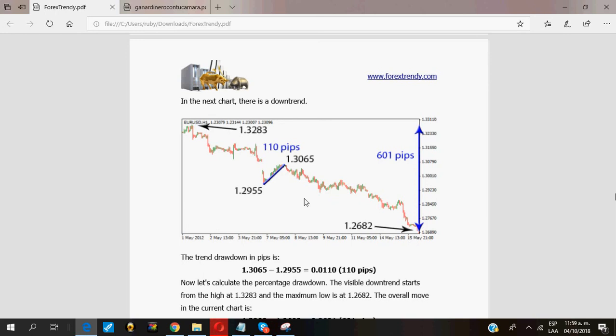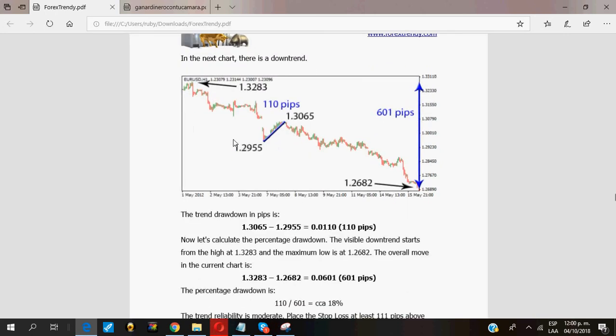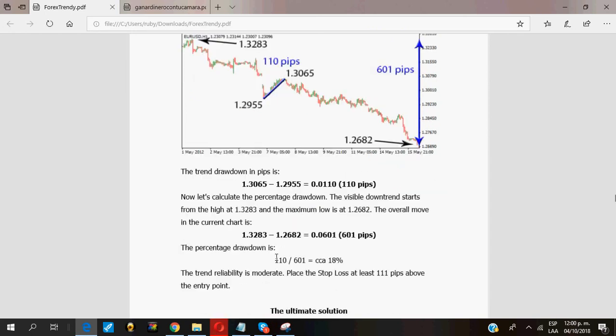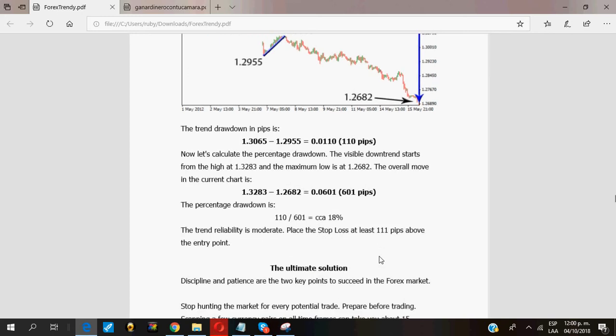The overall move in the current chart is 1.3283 minus 1.2682 equals 601 pips. The percentage drawdown is 110 divided by 601 equals 18%. The trend reliability is moderate. Place the stop loss at least 111 pips above the entry point.